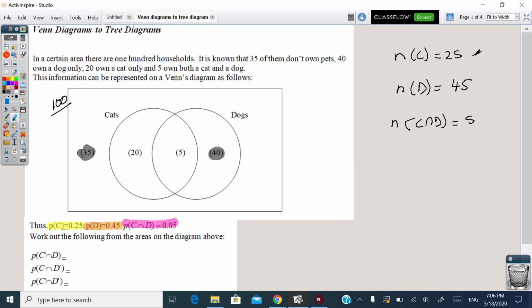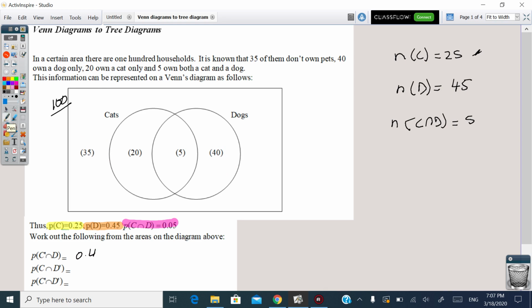So no cat and a dog means we're talking only about these. So 40 divided by 100 is 0.4. Simply locate the region and divide the number of people in that region by 100.